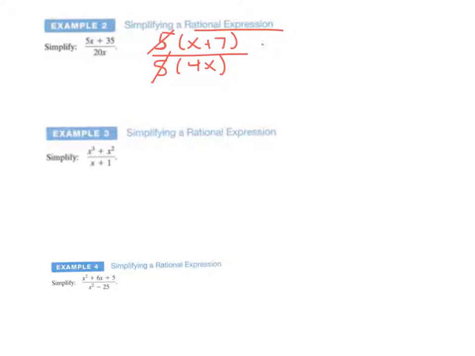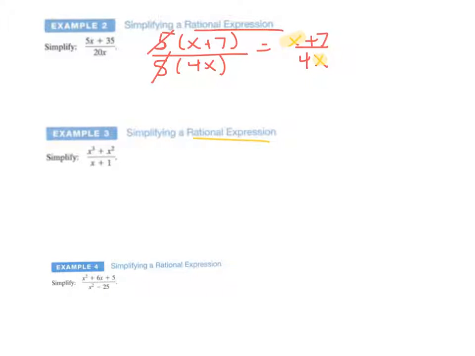What's left over is our simplified expression. Nothing else can cancel. We cannot cancel these x's that you see right here, because one is attached with the plus sign and the other one is not. So those cannot be canceled. You must have either the entire plus or minus, or it's separate, to be able to cancel, and that's why we factor.